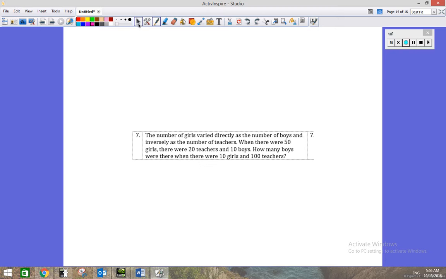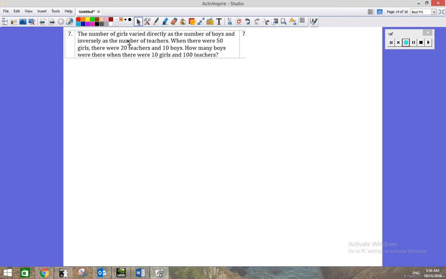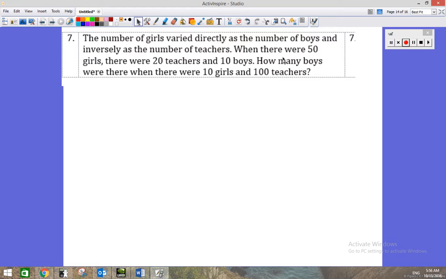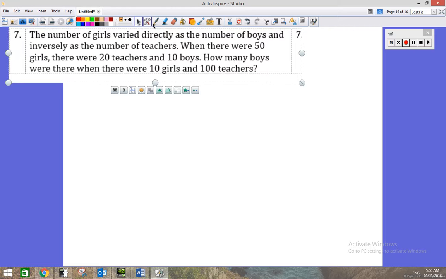Okay, so here, students don't always like these problems, I guess, because you have to define your own letters for the variables. Let's let G be the number of girls. Let's let B be the number of boys.